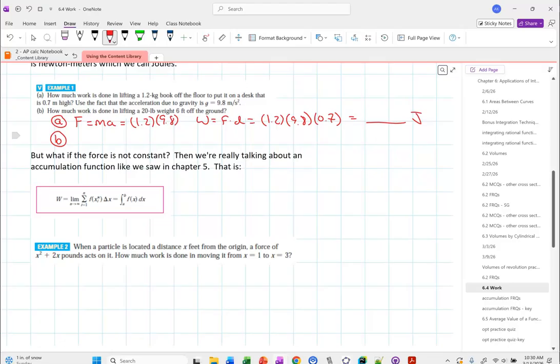So you have a 20-pound weight. What is the force? The force is 20 pounds, because a weight is a force.